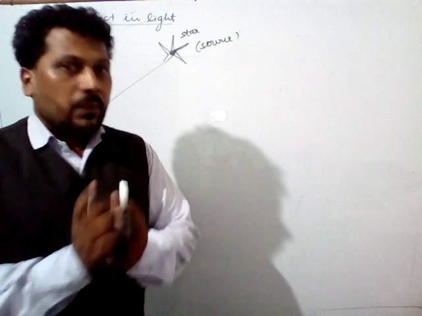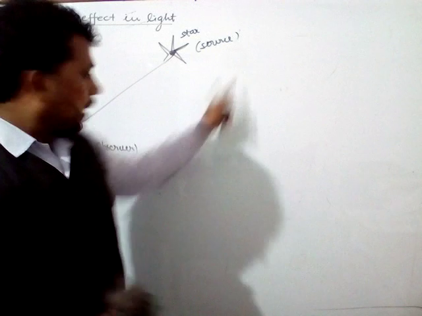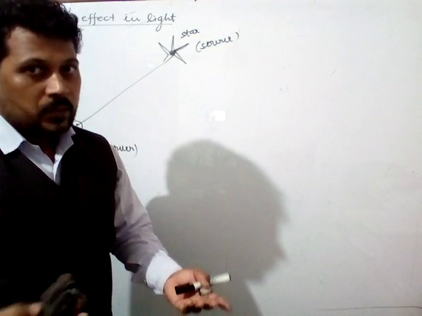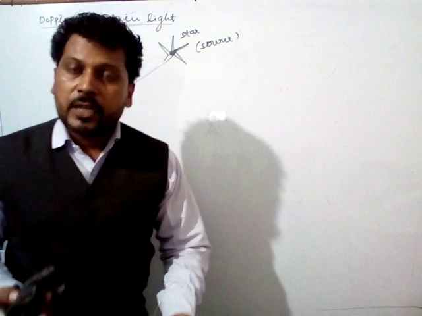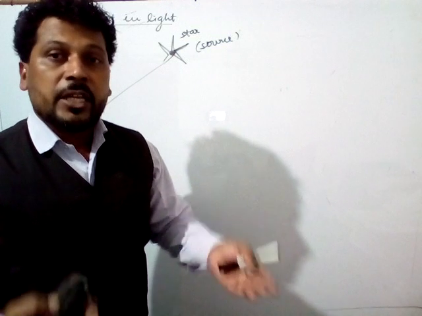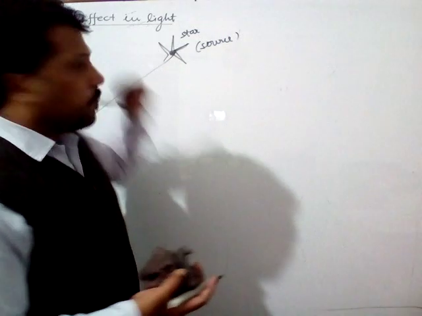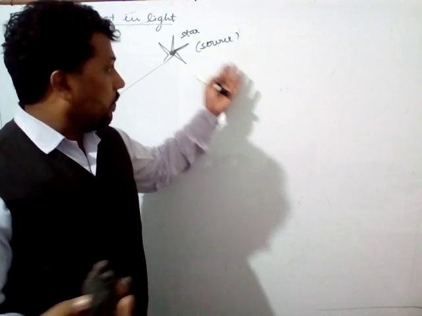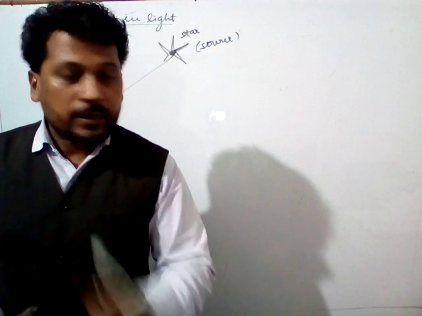Whenever any source, just like a star, and any observer, just like a person on the earth, are in relative motion, then the change in frequency or change in wavelength of the source is known as the Doppler effect in light, and the change in wavelength is known as Doppler displacement.